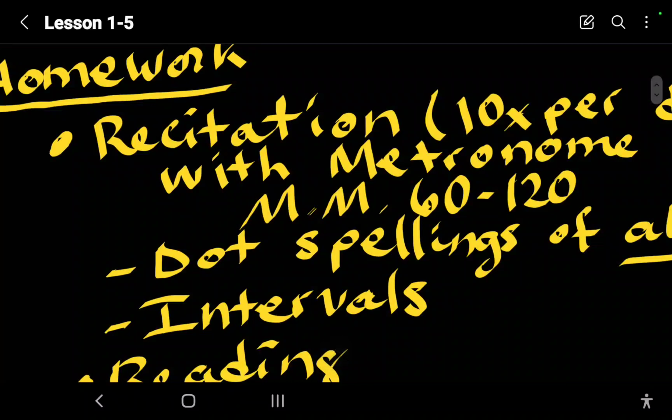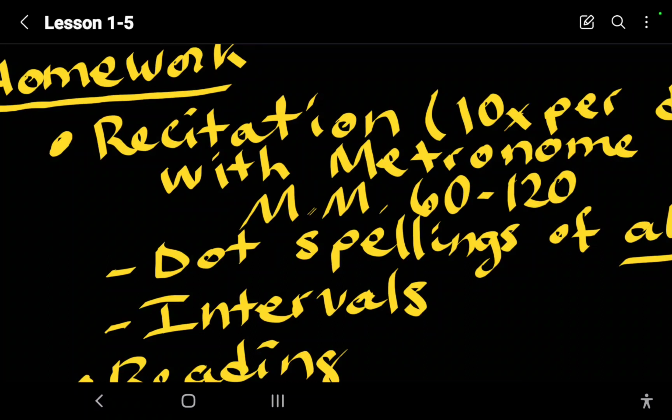That's right. This is a new thing that we introduced, I think at the last lesson, if I remember correctly. We had done 60. I want it to drop to 60.